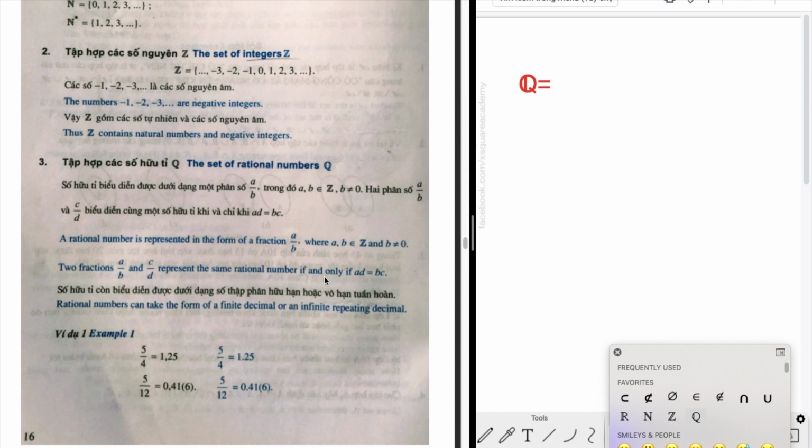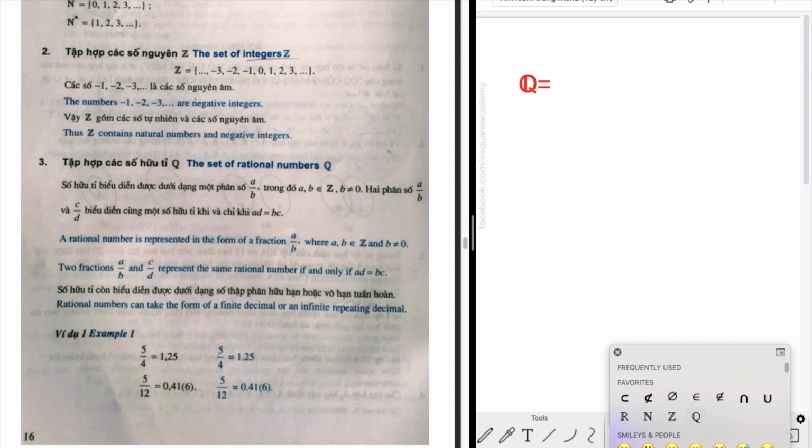From that, we infer all integers can be written in the form of a rational number with denominator equal to 1 and the numerator being that number, as I said in a previous video.